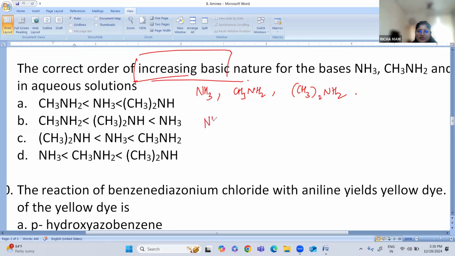So when you see NH3 and when you see CH3NH2, the methyl will push the electron towards nitrogen. So there will be a plus I effect. Due to the plus I effect of the methyl group, where will the plus I effect be more? It will be more in the secondary amines.